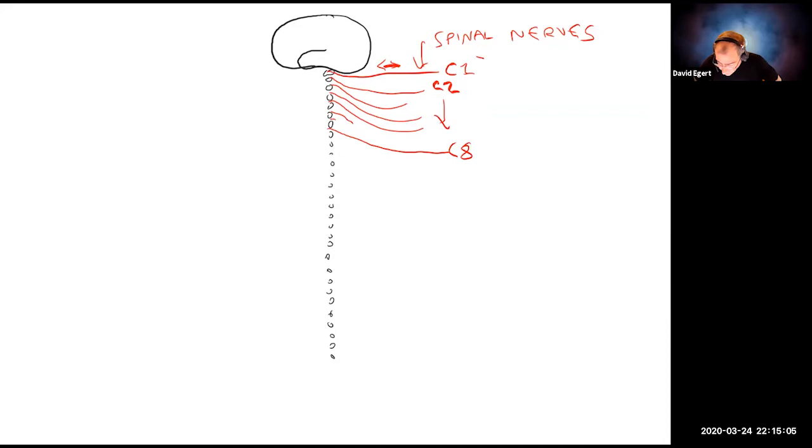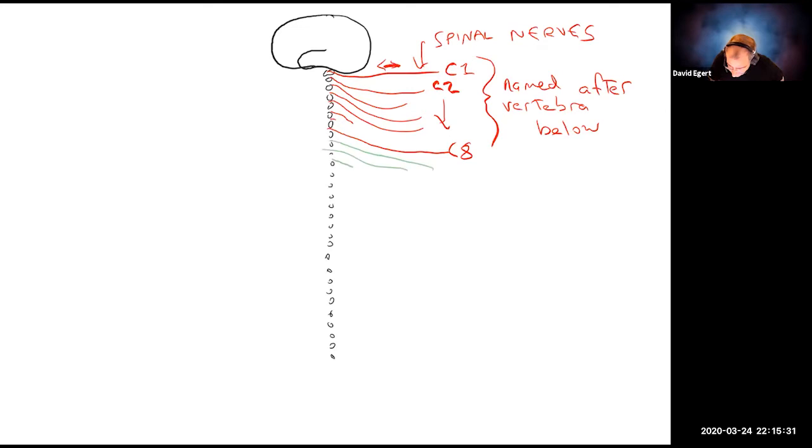And these are named after the vertebra below, except for obviously C8. There is no C8 vertebra below. It's actually T1 below it. And then the next ones are the thoracic, T1 through T12.